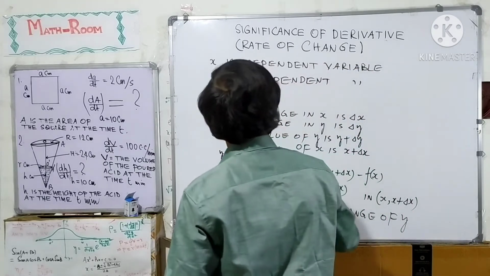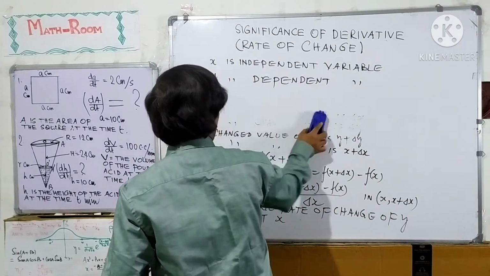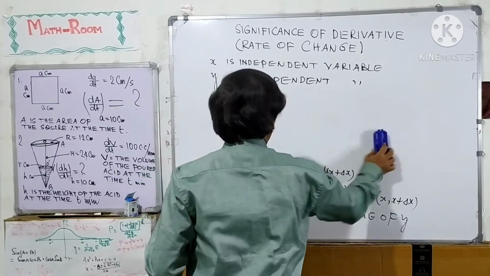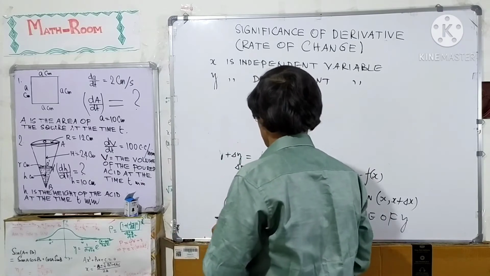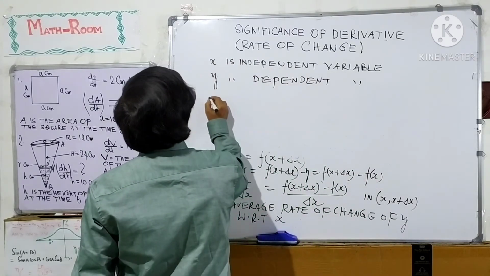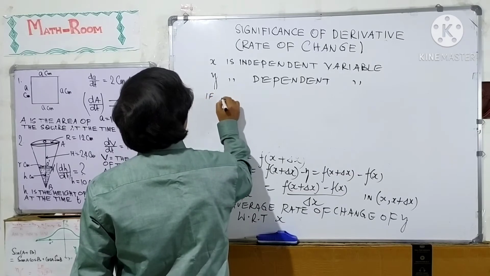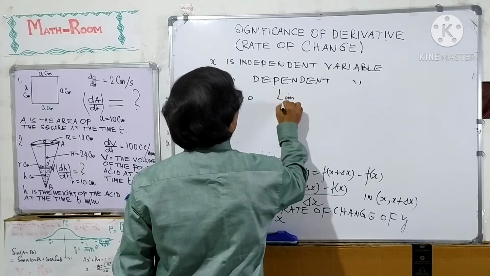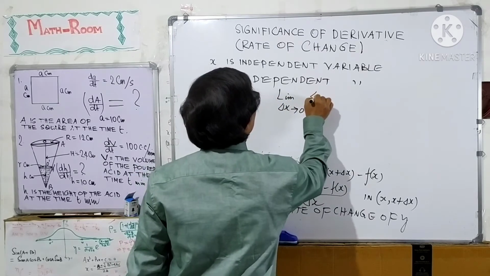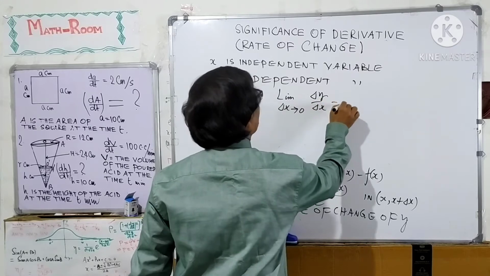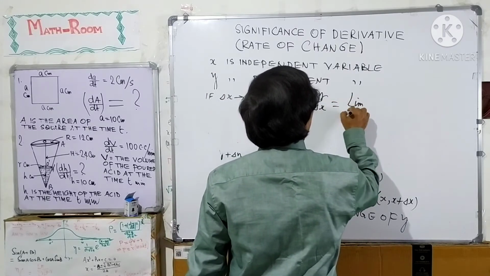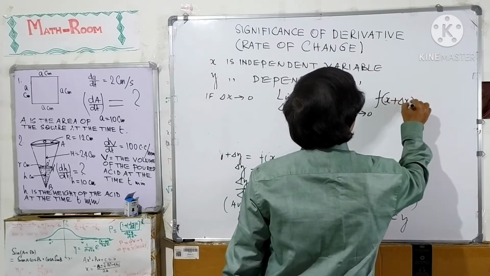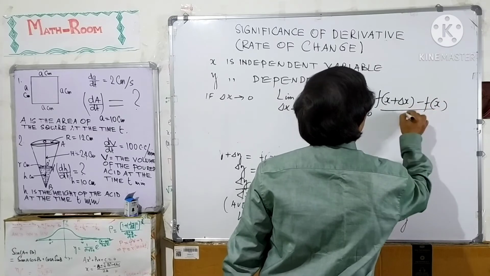So if del x tends to 0, then limit del x tends to 0 of del y over del x equals limit del x tends to 0 of f of x plus del x minus f of x, over del x.